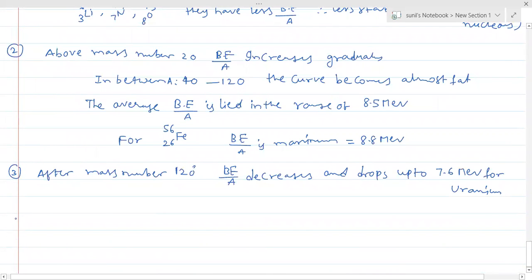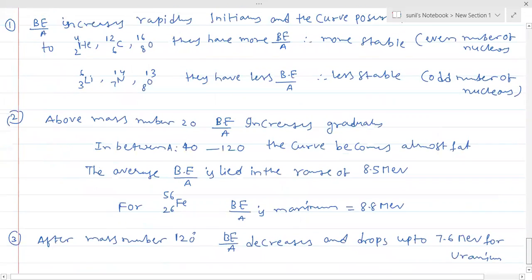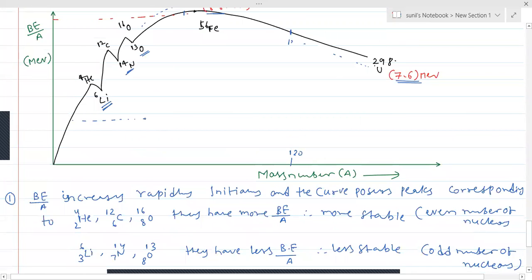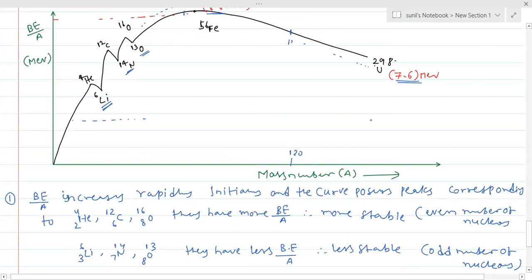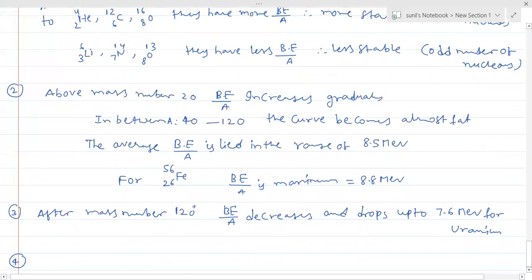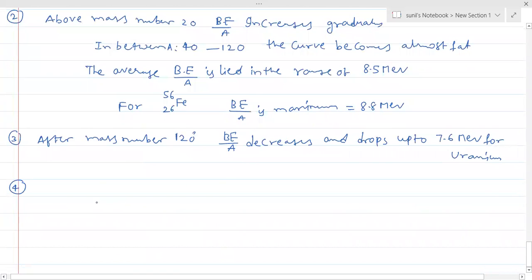And the most important conclusions are: lighter mass elements are not stable and the heavier elements are also not stable. So let us see what happens to get stability.